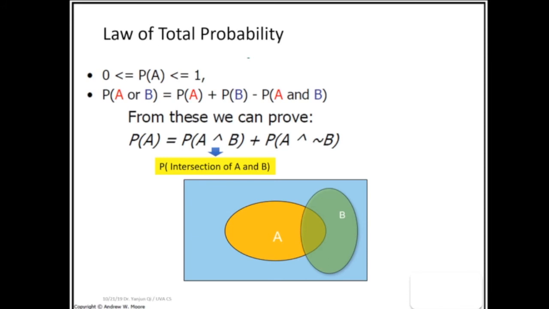We can decompose or represent event A as a summation of A intersect with B plus A intersect with not B. So this is really an application of the NOT operation plus the disjoint operation. You can even derive this.